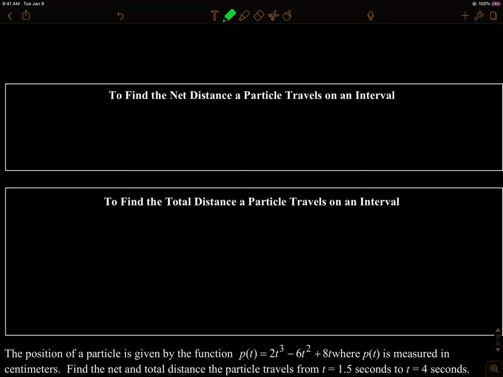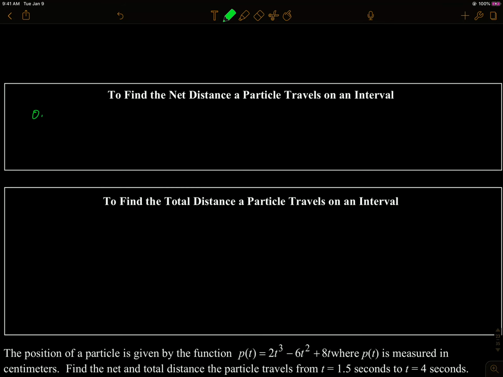All right, so how are we going to find the net distance a particle travels on an interval?